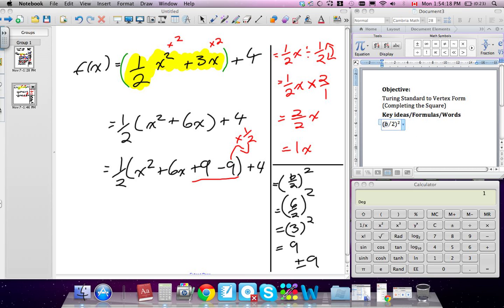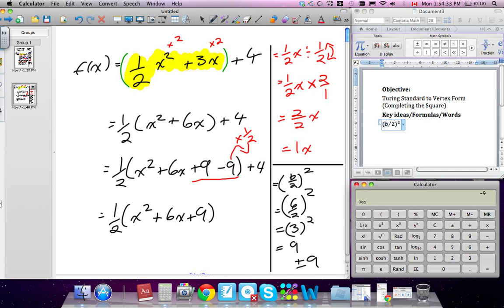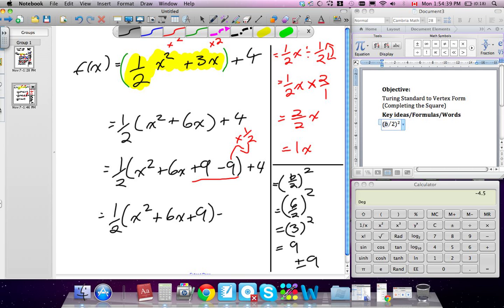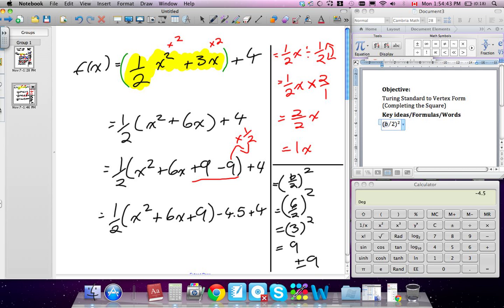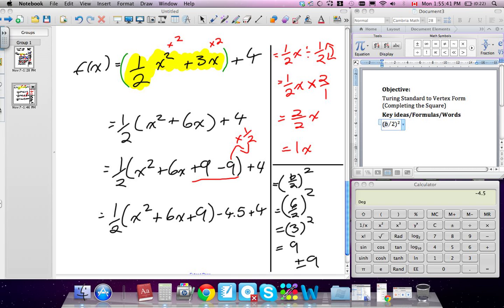So now that we've done that, we have a half x squared plus 6x plus 9, negative 9 times a half, or 0.5. So we have negative 9 times 0.5, negative 4.5. So when we took the 9 out and we multiplied it by a half, we got negative 4.5.